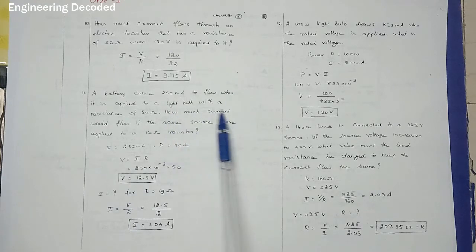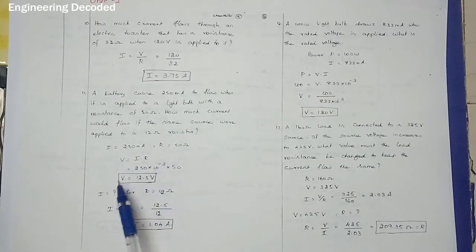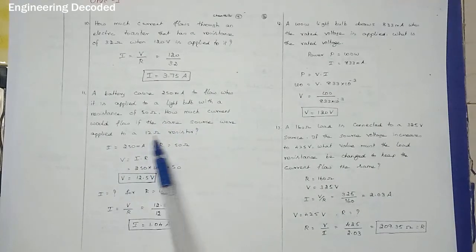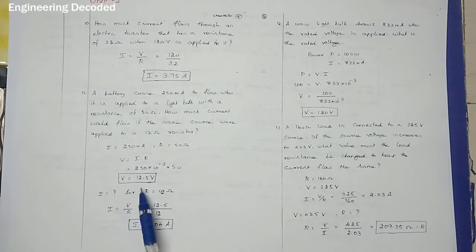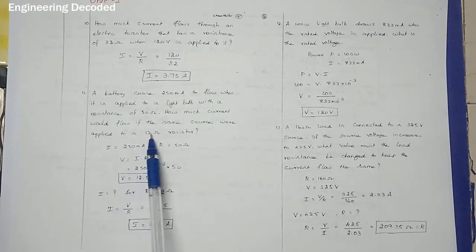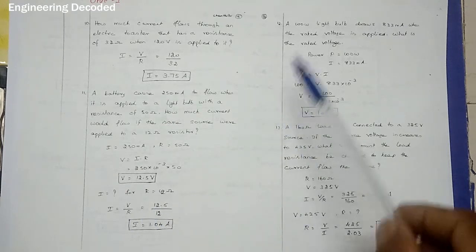This is a voltage source, so this voltage is applied to a 12 ohm resistor. In that case, what will be the current flowing through it? So I equal to V by R. Substitute this V, substitute this R, and find out the current. Very simple problem.